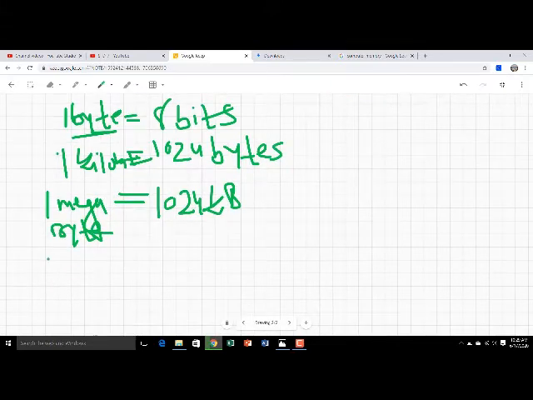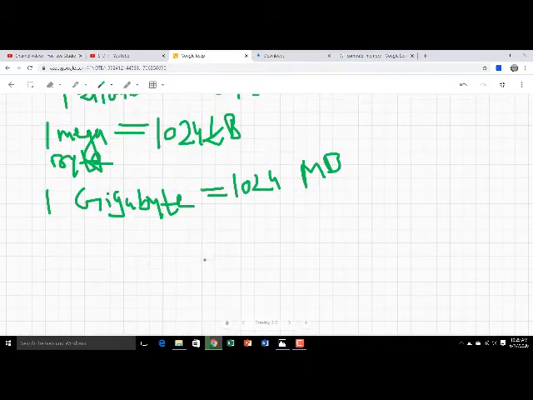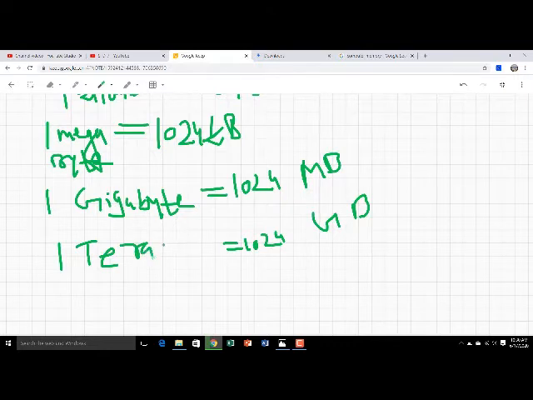1024 megabytes equal 1 gigabyte. 1024 gigabytes equal 1 terabyte, which means 1 TB.